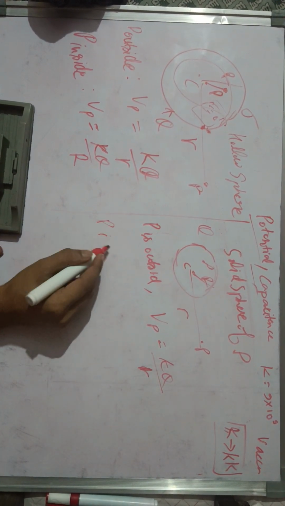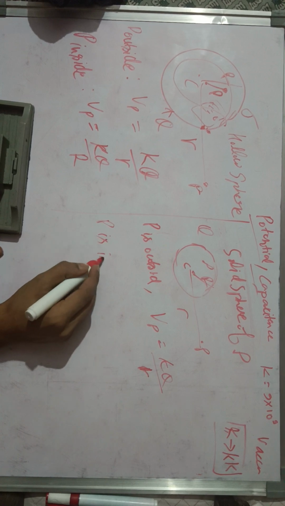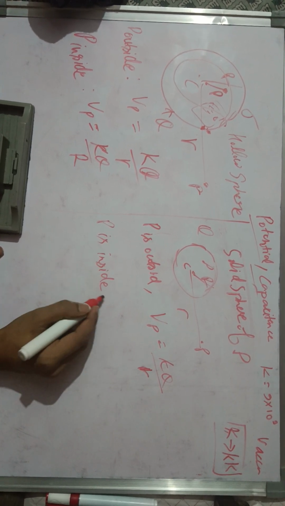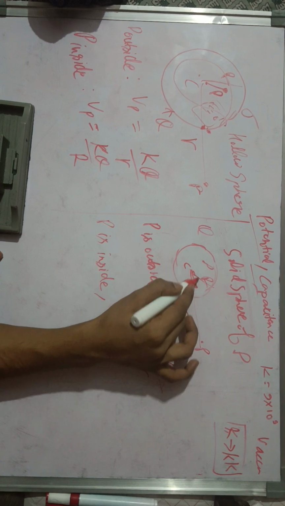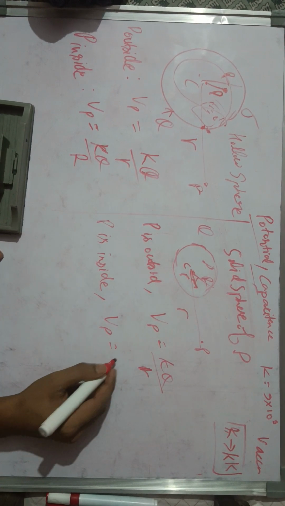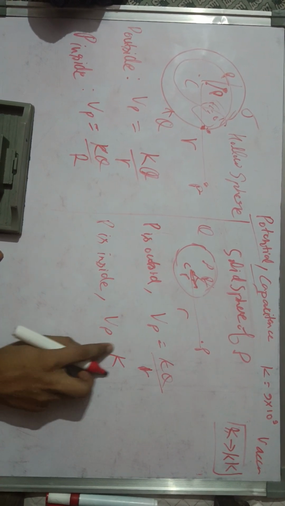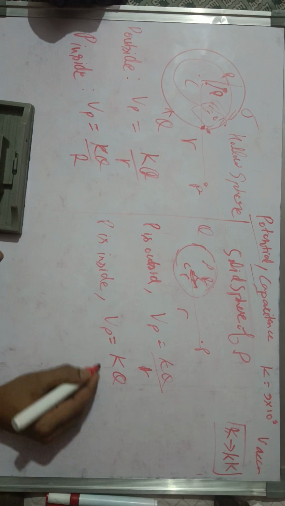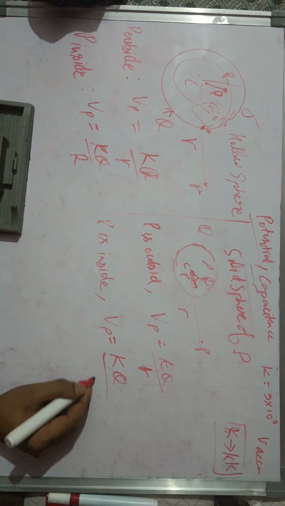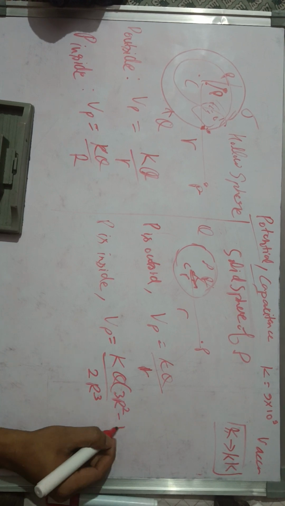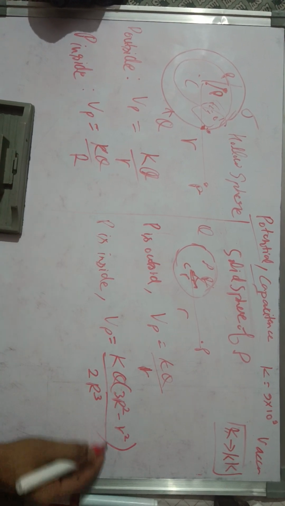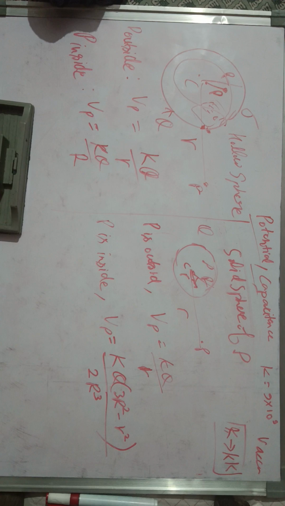But if P is inside, then this distance is r, and the formula will become kq over 2R cube times (3R square minus r square), where R is the radius of the sphere.